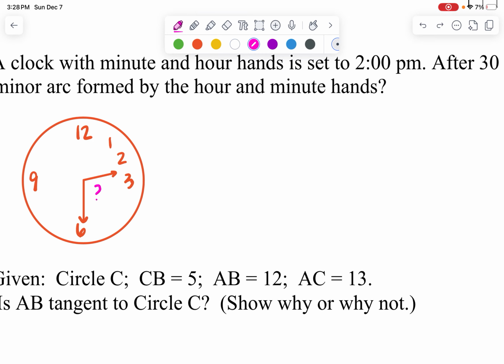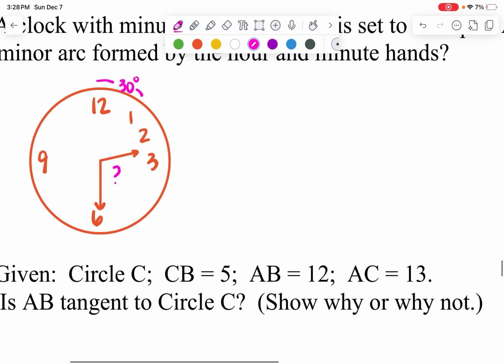Essentially, keeping in mind that every minute is 6 degrees, so every 5-minute interval is 30 degrees. This is what we talked about in class. If I'm at 2:30, I'm going to go ahead and write the 4s and the 5s. There we go. So we've got a 30-degree interval, 30 degrees, 30 degrees.